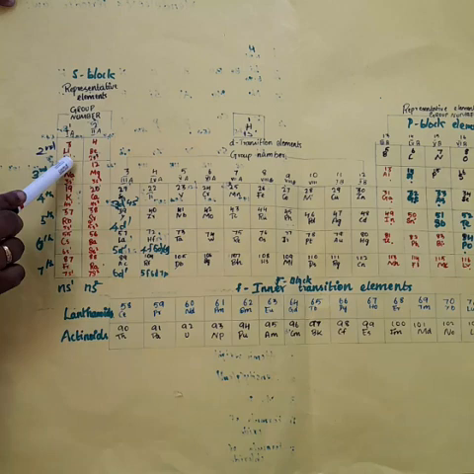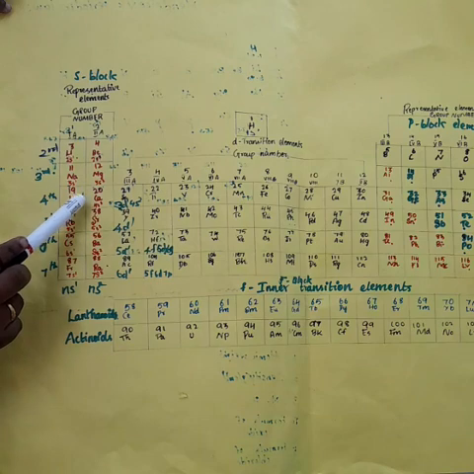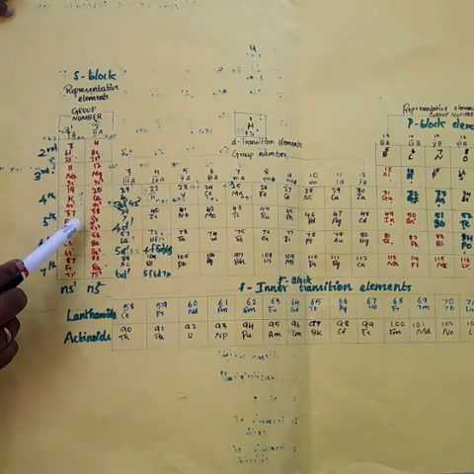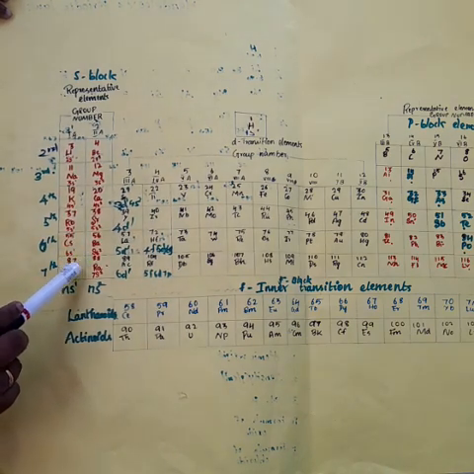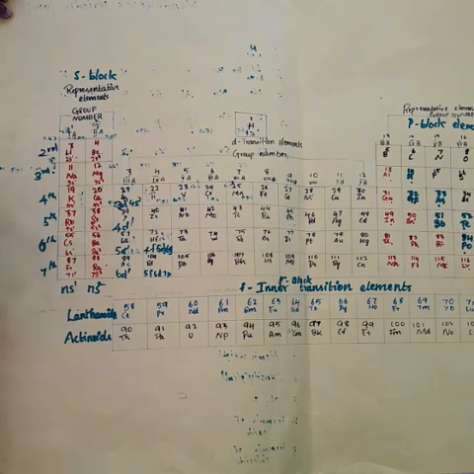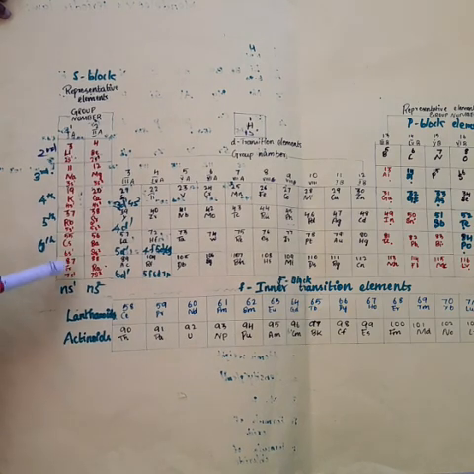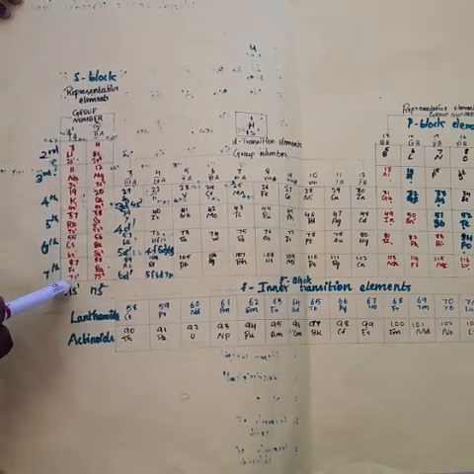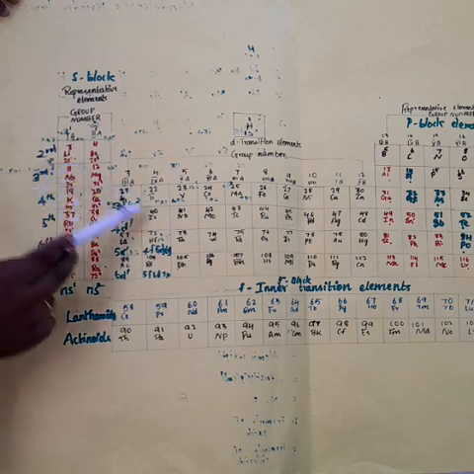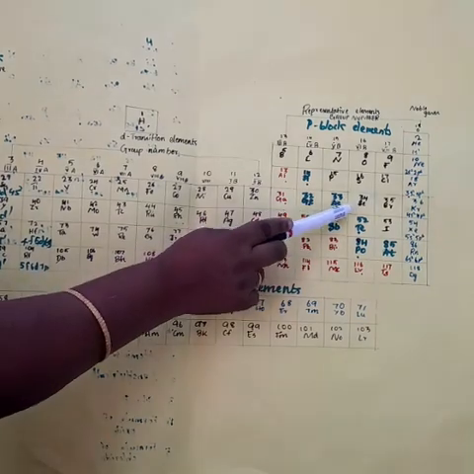Lithium also has only one electron, 2s1. Sodium, potassium, rubidium, cesium, and francium each have only one electron. Understood? So the elements in the same group have similar chemical properties because they have the same number of electrons in their outer shell. The S block and P block elements in all the groups have the same outer shell electrons, so they have the same chemical properties.